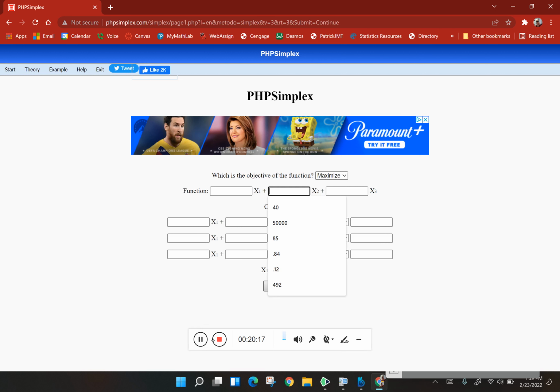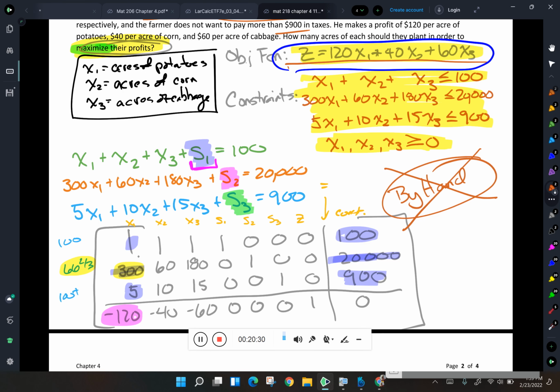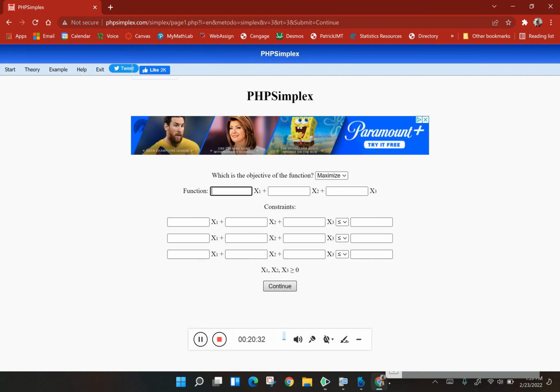So these inputs in front of the x1, the x2, and the x3 are asking for the coefficients of our objective function. So I'm going to flip back over. Our objective function was 120, 40, 60. So 120, 40, and as you can see, I've done this before to make sure, 60.